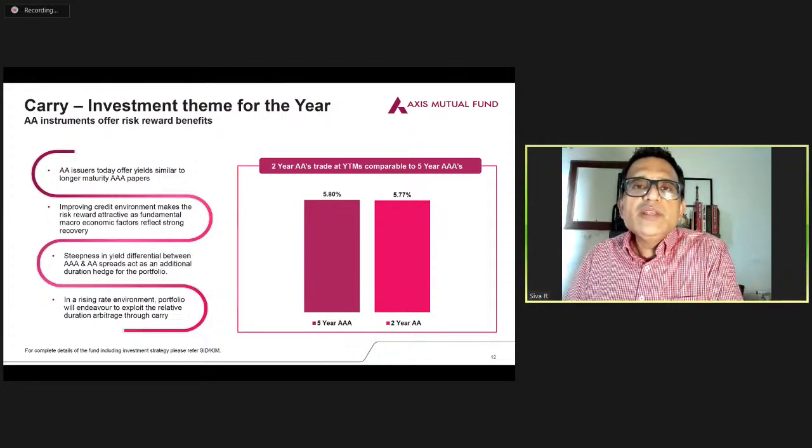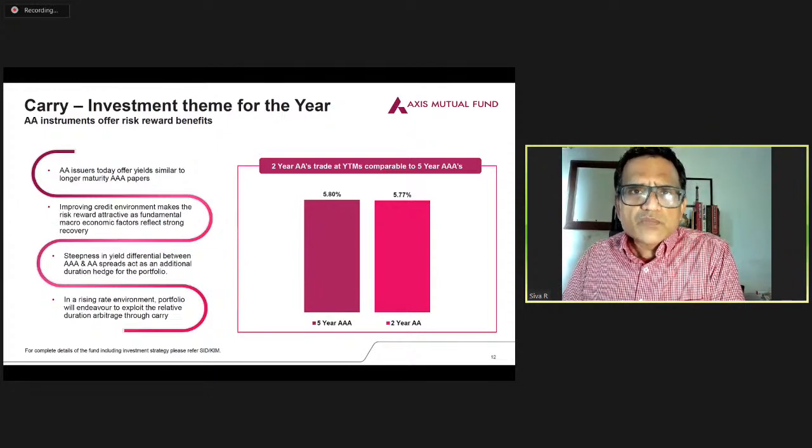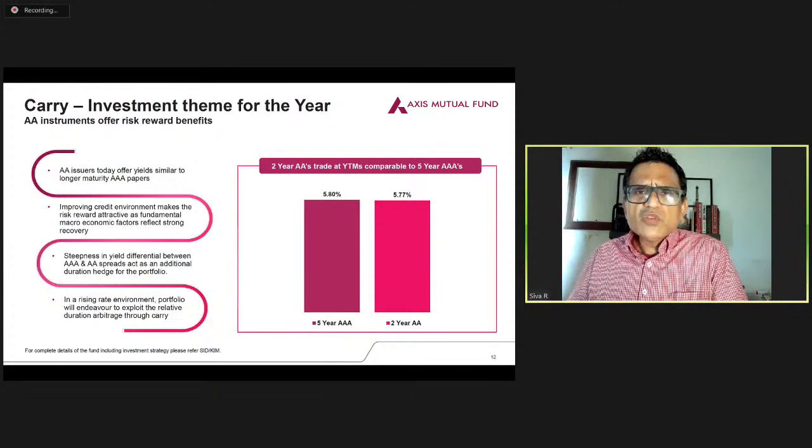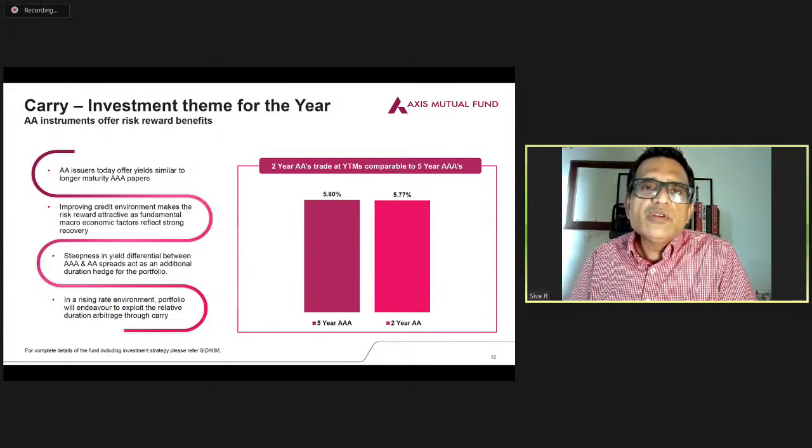The underlying quality is holding up, as I said, in some cases actually doing much better than what was expected, and the yields in the market are relatively attractive. So the opportunity is to really add some of this short duration, and it's important, short duration credit names to the portfolio. Our expectation is that in our portfolio we would want to run approximately an 80-20 mix, with a minimum of 80% in AAA.